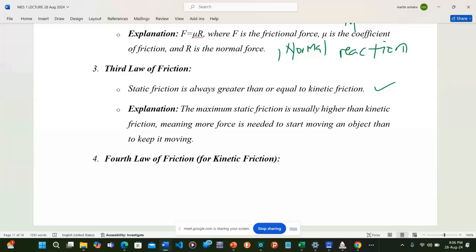But once the force on the object is increased, the frictional force is going to reduce, and then it is going to maintain a constant value that we call kinetic friction. The maximum static friction is usually higher than kinetic friction, meaning more force is needed to start moving an object than to keep it moving.